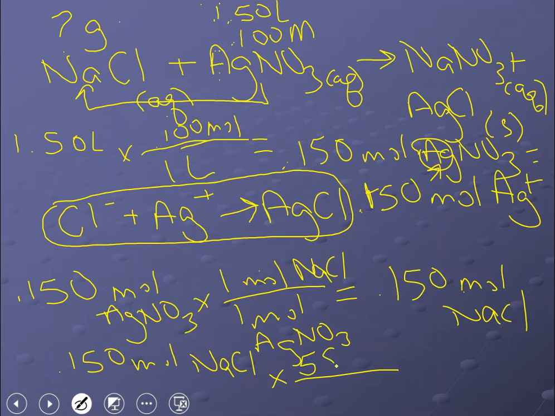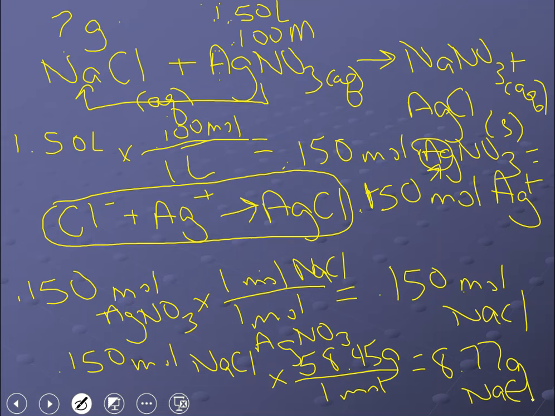So it would be 58.45 grams over 1 mole. When we calculate that, we get 8.77 grams of NaCl that would be required.